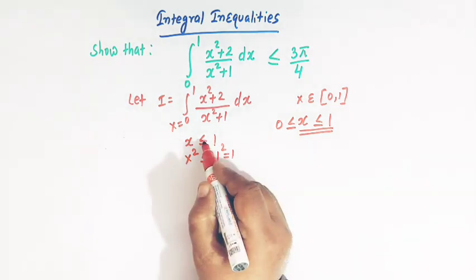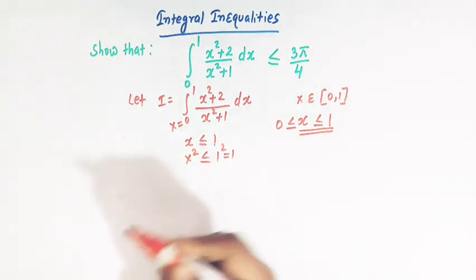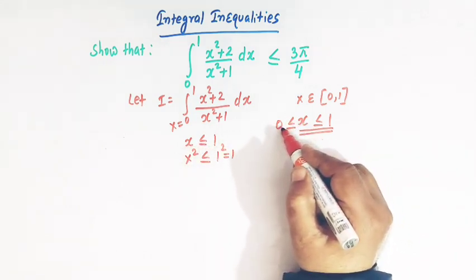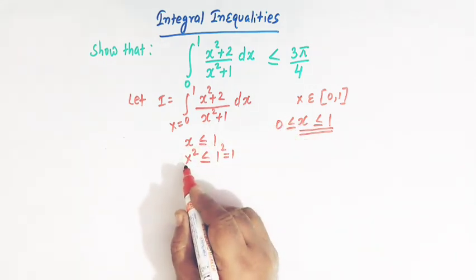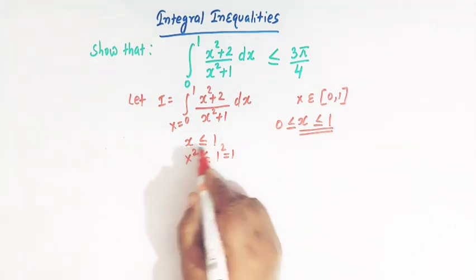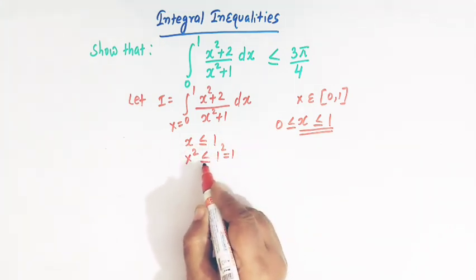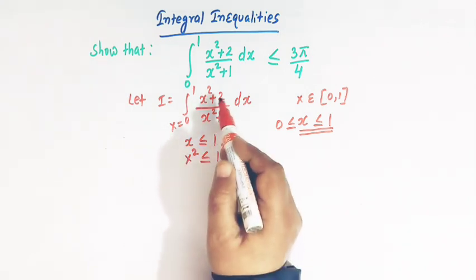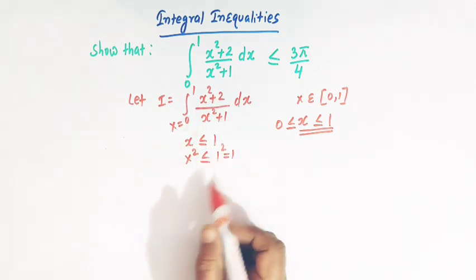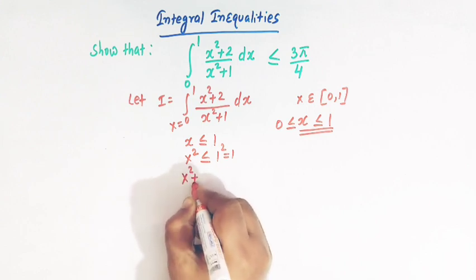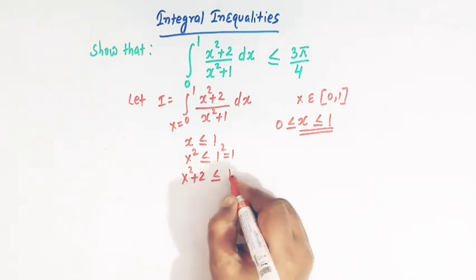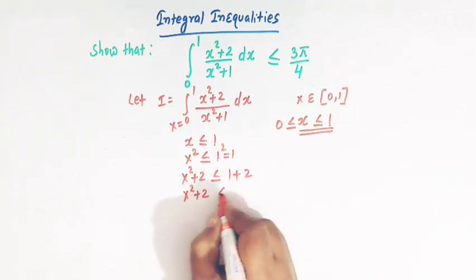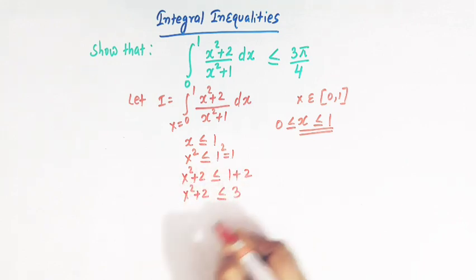The direction of the inequality remains the same, as x is greater than 0, so there is no harm in squaring both sides. So x² is less than or equal to 1. Now let us add 2 to both sides. We get x² + 2 less than or equal to 1 + 2, so x² + 2 is less than or equal to 3.